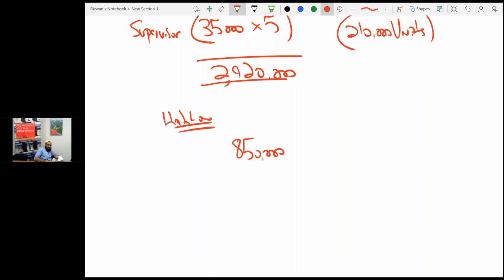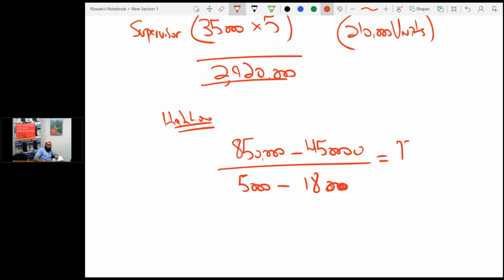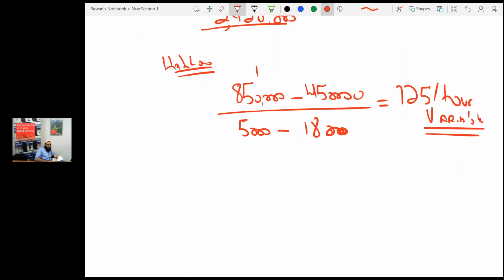Highest cost minus lowest cost divided by highest activity minus lowest activity. 125 per hour is the variable figure. This is the high-low method. I'm sure you all know it. Now let's calculate the fixed cost.